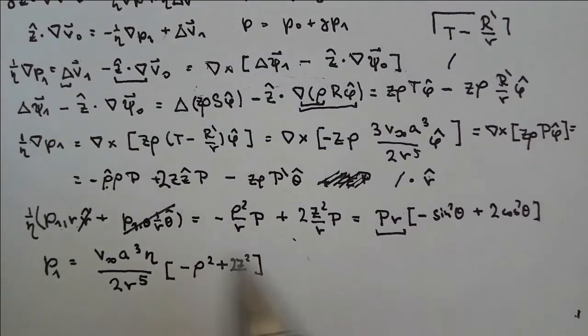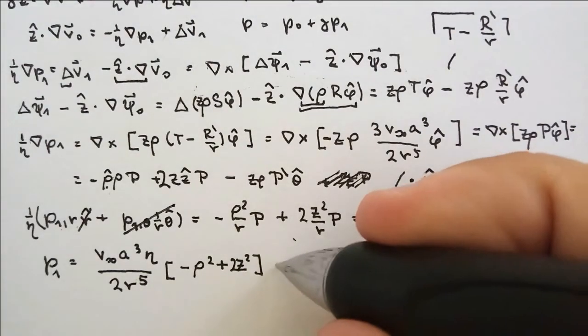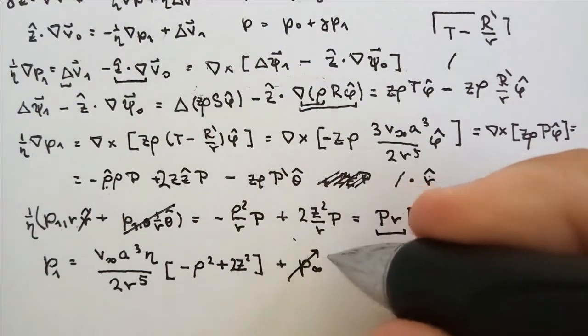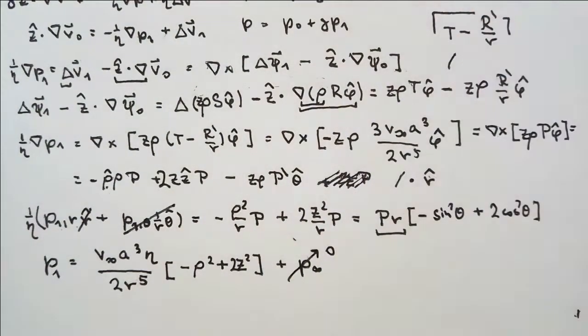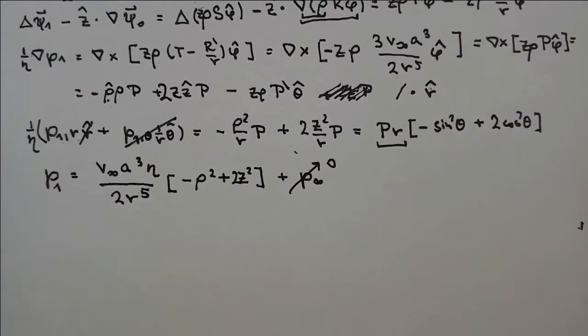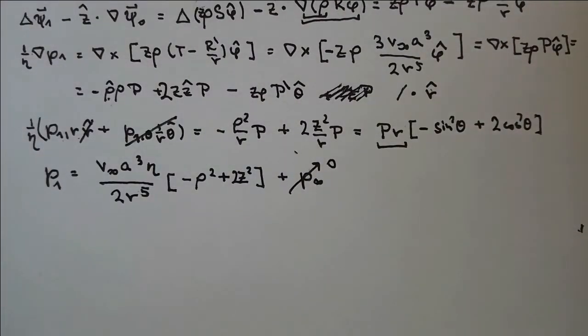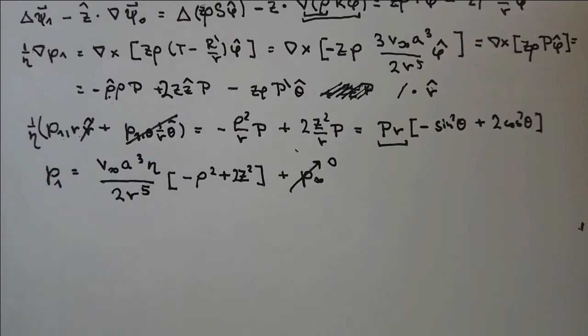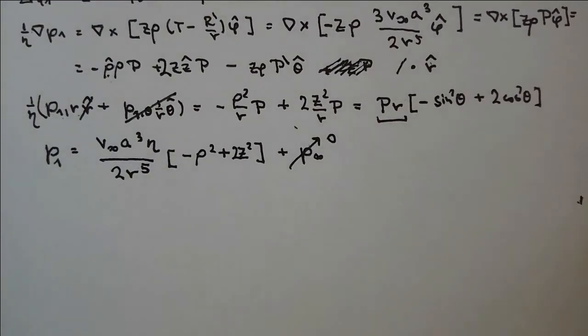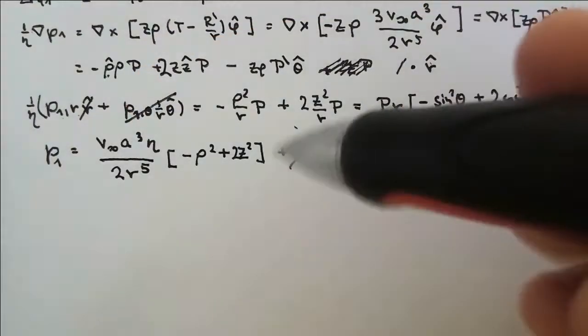And there should be a term for p infinity, but I said that it was 0, so you can leave it here, but it's 0. It doesn't matter, it does not add to anything. Now we will compute the contribution to the Stokes correction for the Oseen.